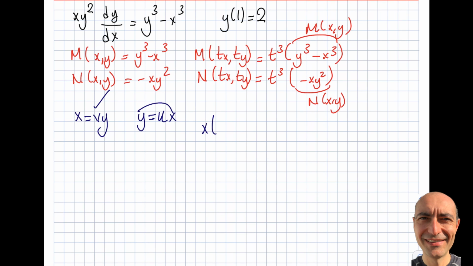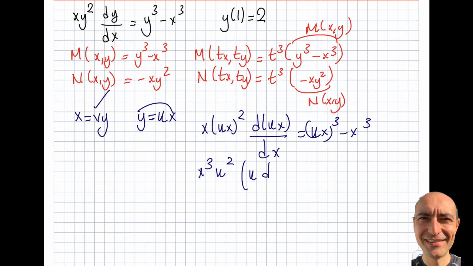So wherever I see y, I put ux: (ux) squared d(ux)/dx will be equal to (ux) cubed, which is y cubed, minus x cubed. Then one more step: x cubed u squared, times the chain rule, u plus x du/dx, is equal to u cubed x cubed minus x cubed.